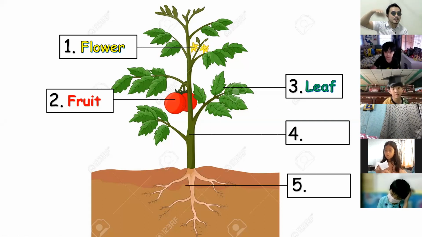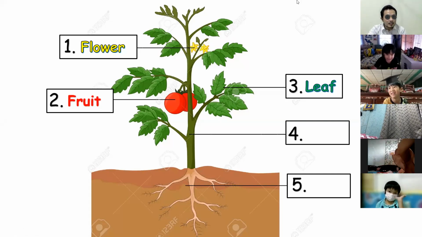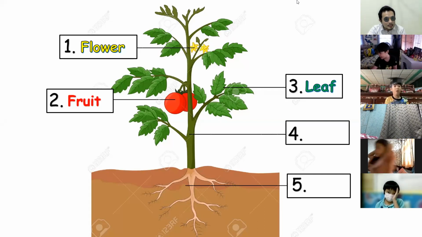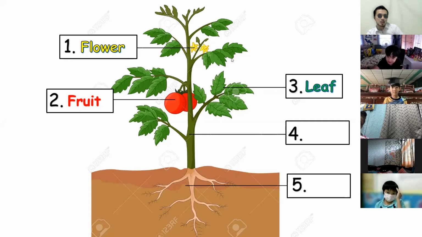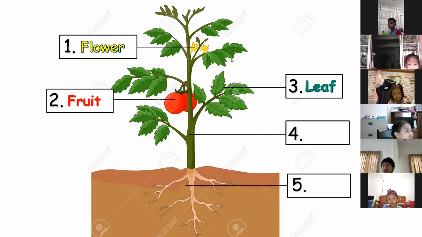Click the reaction button and click raise your hand like that. Okay, there is one who asked. You guys have to be like that. So who wants to answer? Click the button there so that I can recognize you.